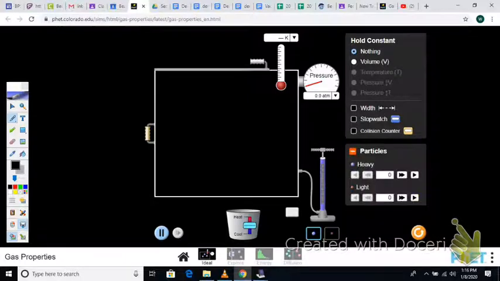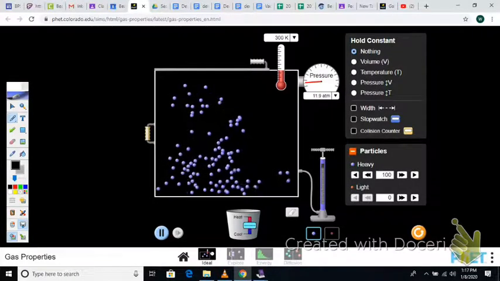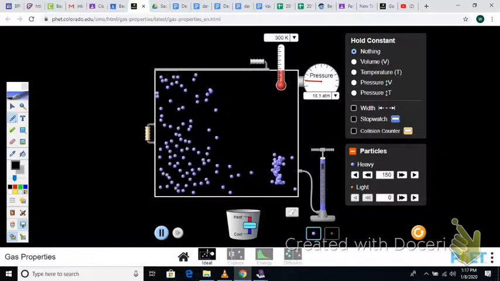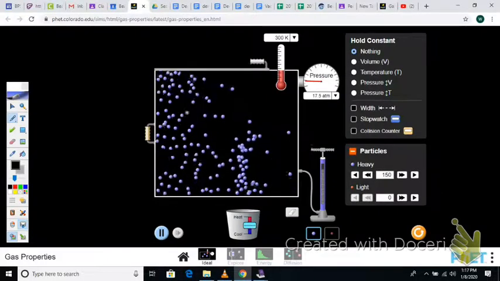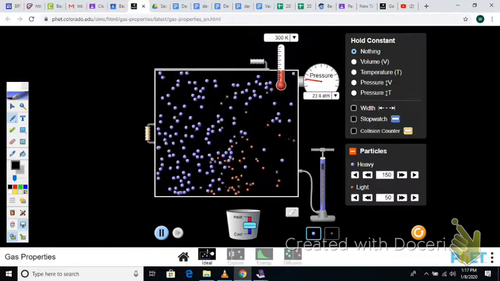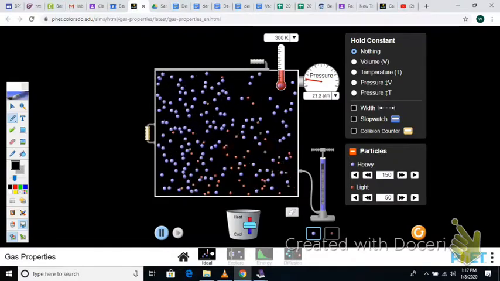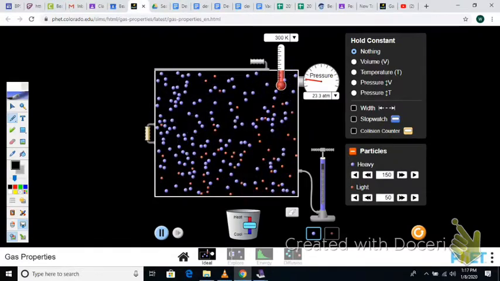If you want to add particles, this is how you do it. This is the easiest way to do it. You can use the pump too if you want to do that. If you want to load light particles, you can do that. If you notice, the temperature is around 300.